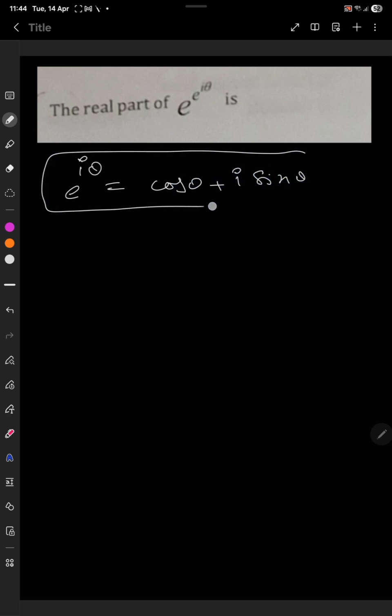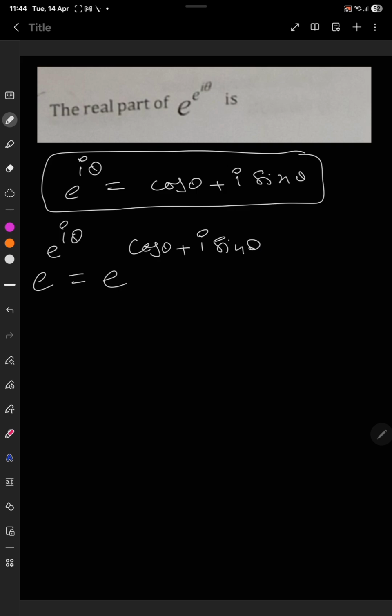In this problem, real part of e^(i theta), we know that e^(i theta) equal to cos theta + i sin theta. And in this problem, given e^(e^(i theta)), that is e^(cos theta + i sin theta), a^(m+n) is a^m times a^n, that is e^(cos theta) times e^(i sin theta).